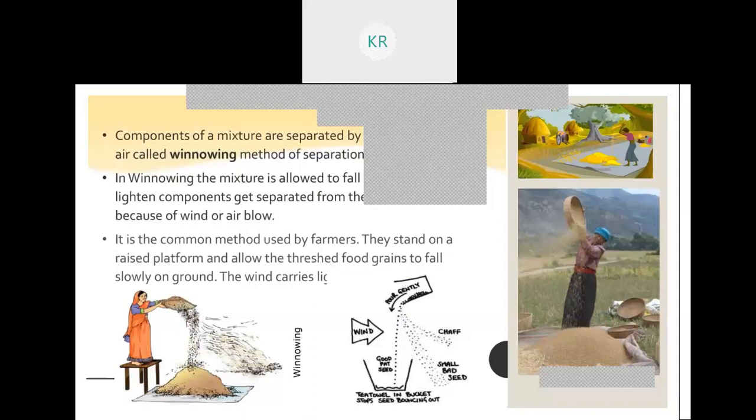The wheat grains, being heavier, fall almost vertically to form a separate heap. So in this method, wind is used to separate heavier particles from lighter particles. So this is the process of winnowing.